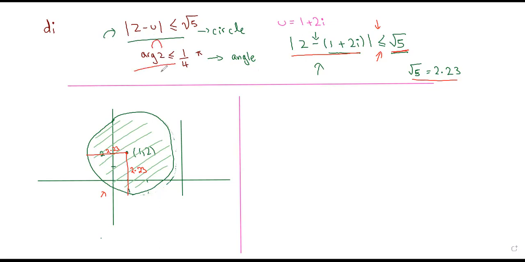So what would be the region for this one? Let's see. I'll make a line quickly. It is going to be of this type. The angle is an acute angle. It is pi by 4. So let's say this is pi by 4. And all the points that are less than pi by 4, so that are going to be these.